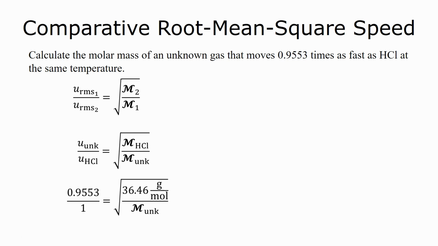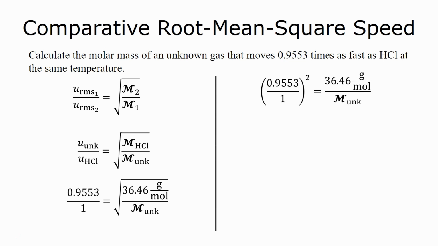Okay, so now we arbitrarily plug in our speed of 0.9553 in the numerator and the speed of HCl in the denominator. And now we have to make sure that we put the molar mass of our comparative gas, our HCl, on top in the square root, and our molar mass of our unknown variable remains down at the bottom.